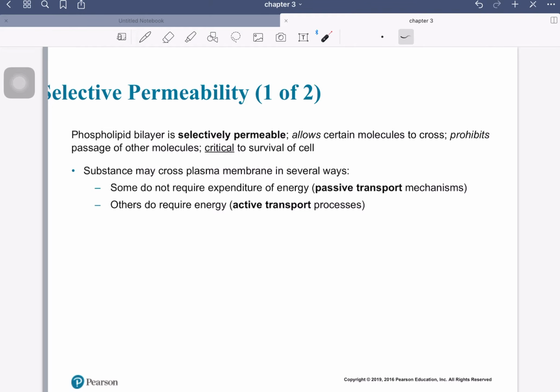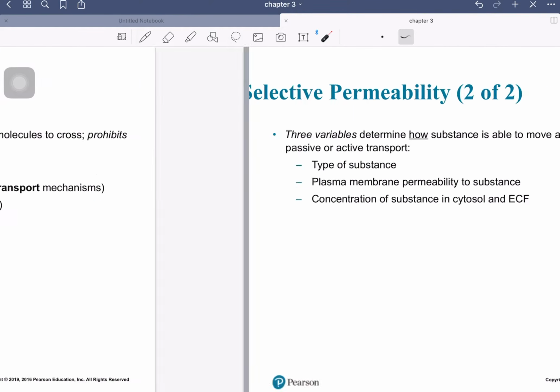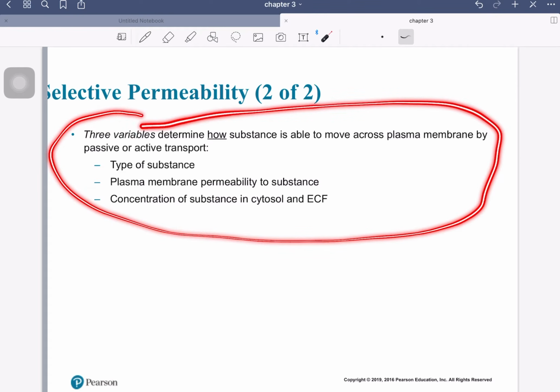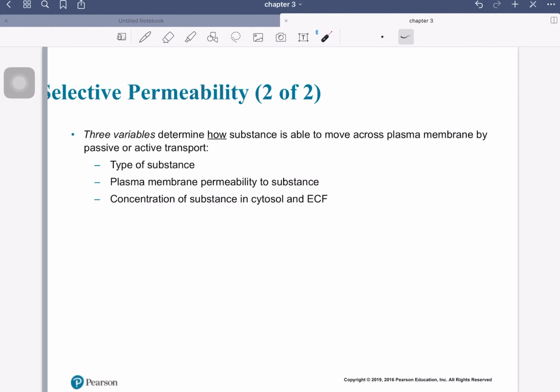So all the mechanisms we're going to see in this chapter fall into either a passive or an active category.